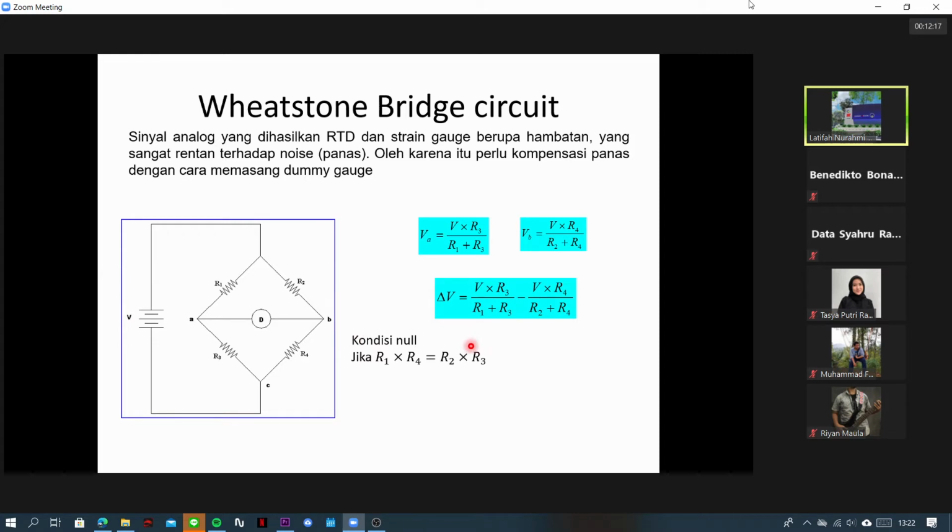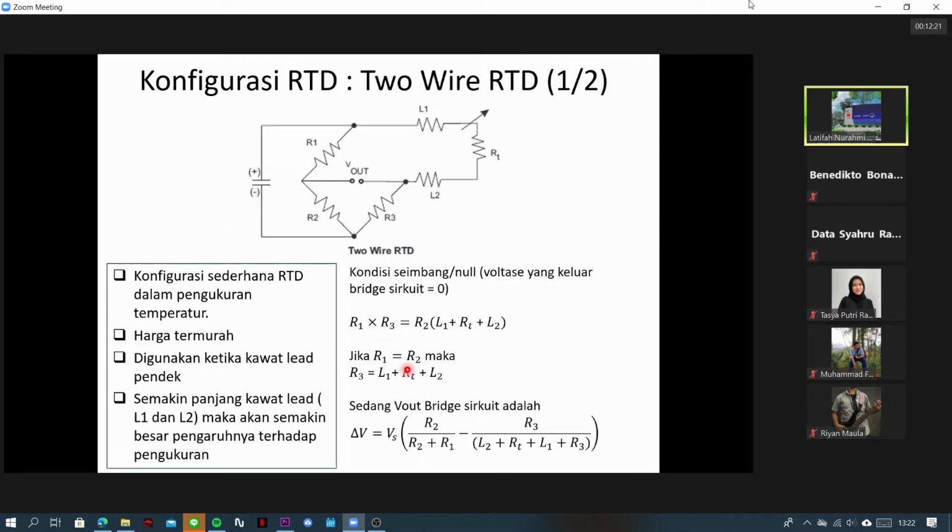This is our equation for the balance condition, the equilibrium condition. It's just that the notation now is different because it becomes R3. It is no longer R4, okay? So R1 times R3 equals R2 times, this is what we have for using 2 wires.